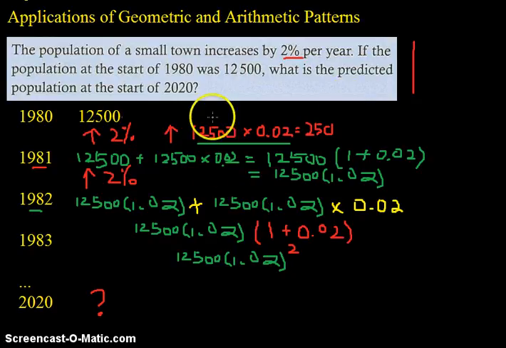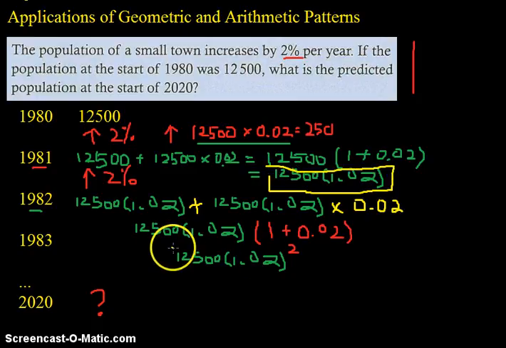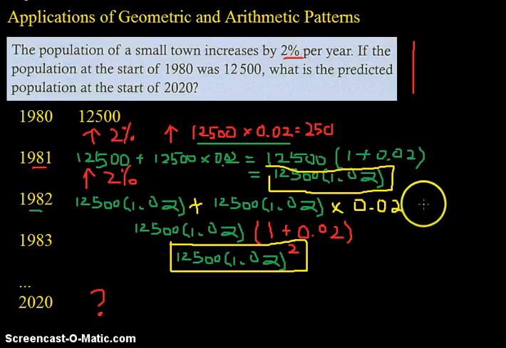Okay, so I want you guys to focus on the two expressions in the yellow boxes. After 1 year, I have 12,500 times 1.02 people, to the power of 1, right?